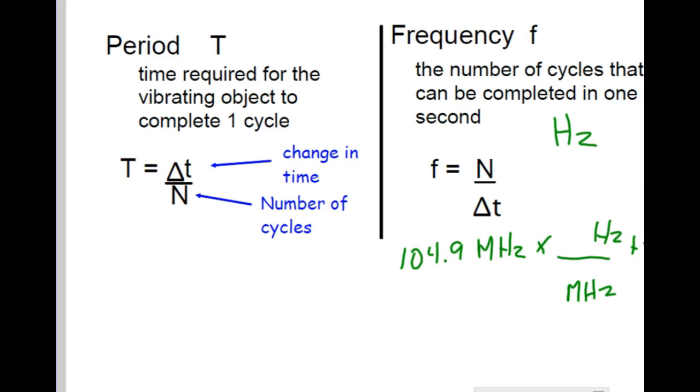There would be 1 billion bytes in a gigabyte. So this is 1 times 10 to the 6 hertz in 1 megahertz. And that is going to convert you to hertz, which is 1.049 times 10 to the 8.